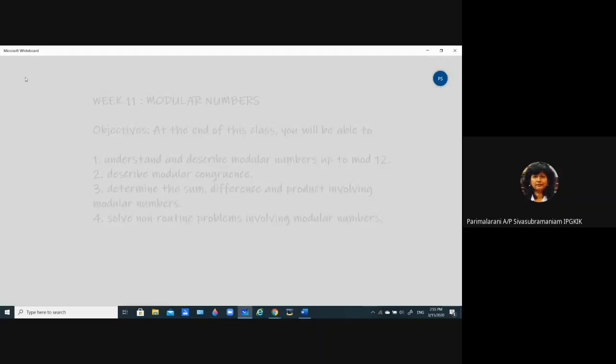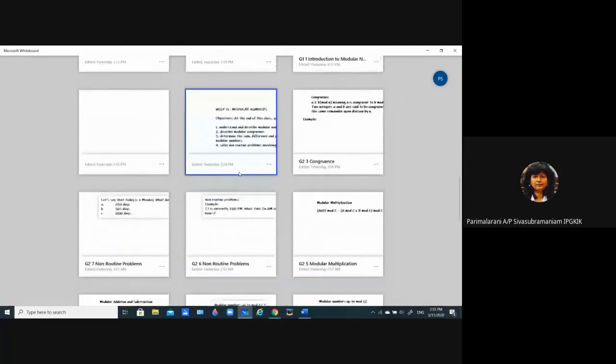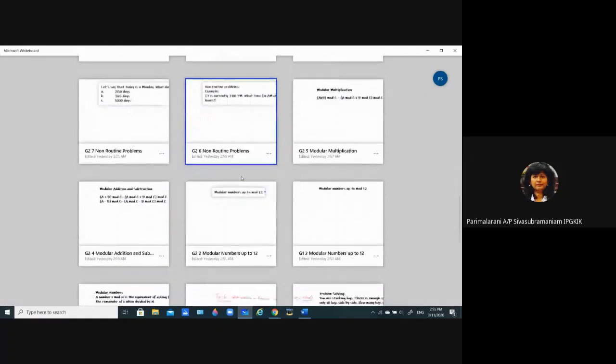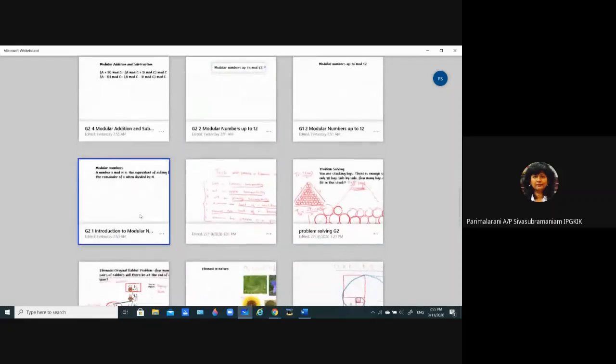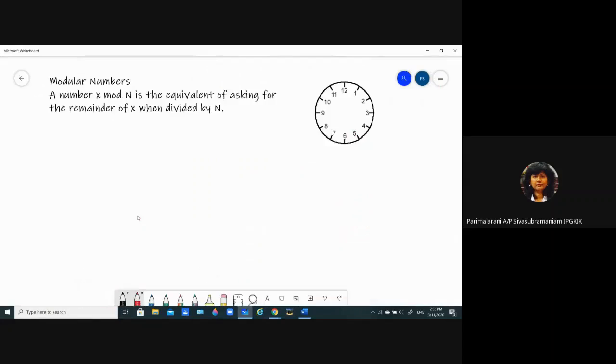Okay? So the first thing that we want to look at is what are modular numbers? Supposing we had two numbers A and B, and we wanted to divide A by B, and we get an answer with a remainder.